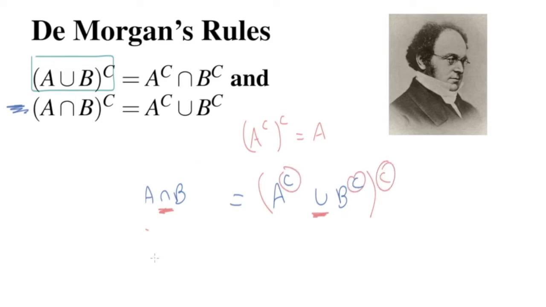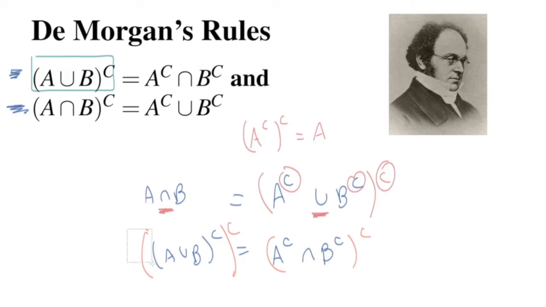The same deal goes for this part of De Morgan's rule. The complement of the union of A and B is equal to the intersection of the complements of A and B. Okay, again, take the complement of both sides, then by the double complement law here, we can delete the brackets and the complement operators on this side.